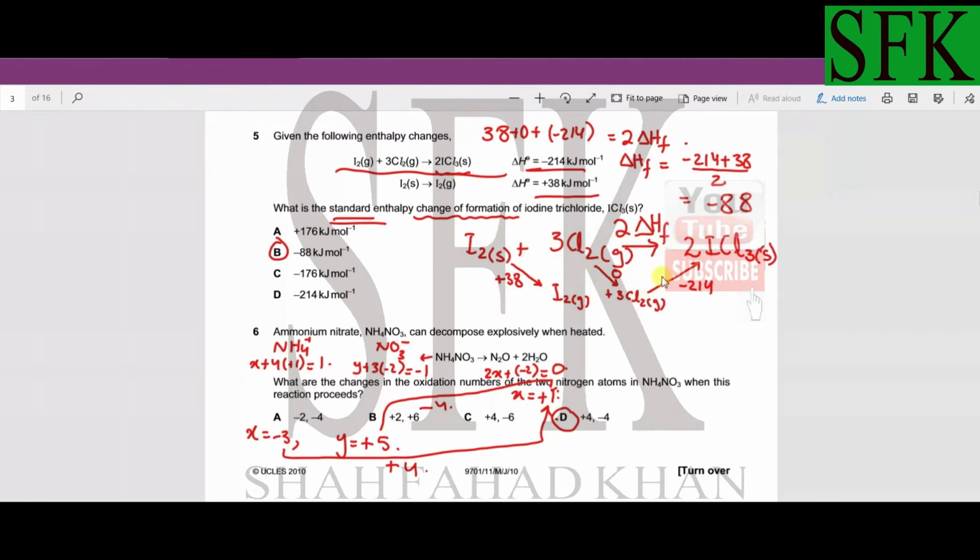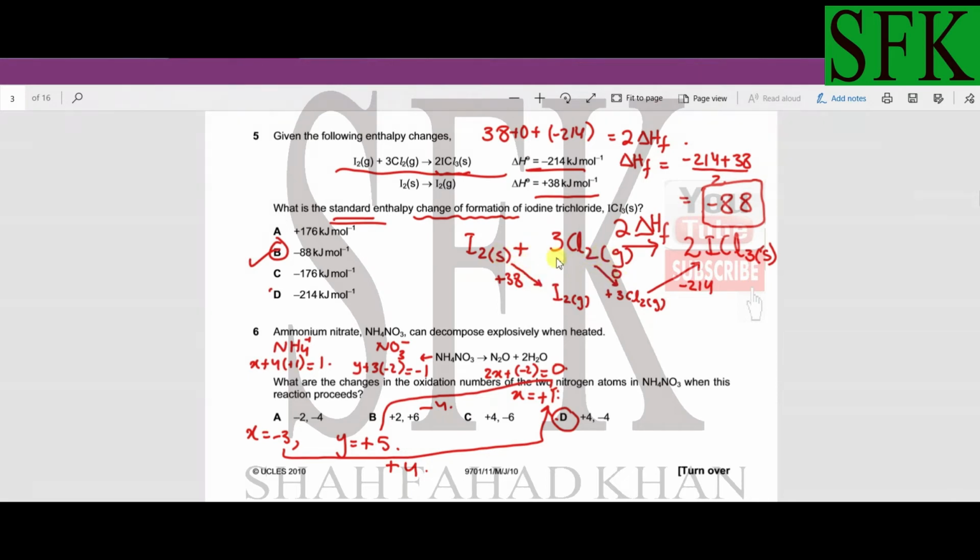38 plus 0 plus minus 214 will equal twice the enthalpy change of formation. And then calculate the value of the enthalpy change of formation. That turns out to be minus 88 kilojoules per mole. You can also think of this as vector addition, the head to tail rule of vector addition that you did in your AS physics.